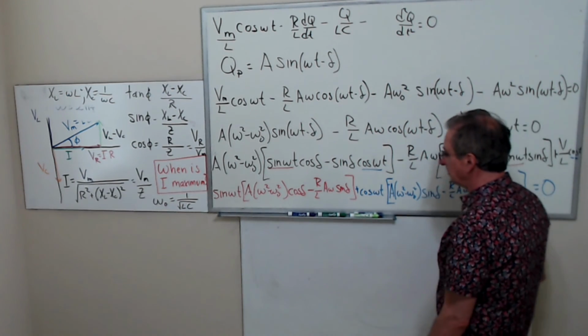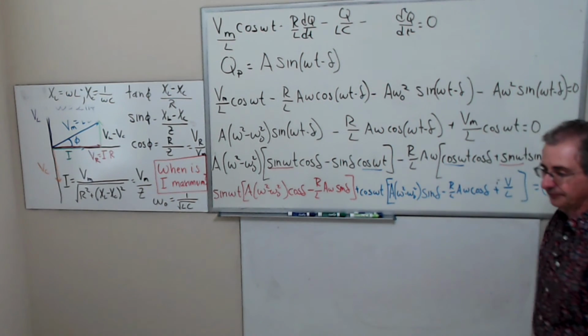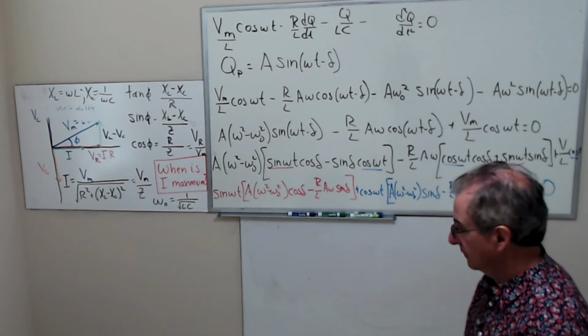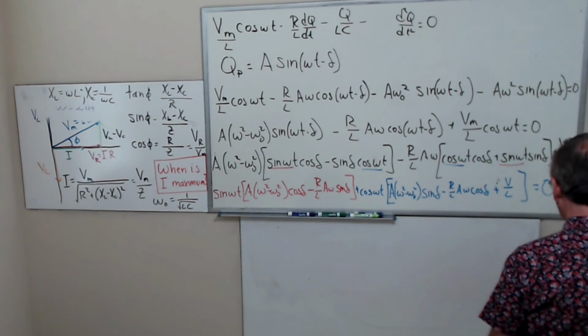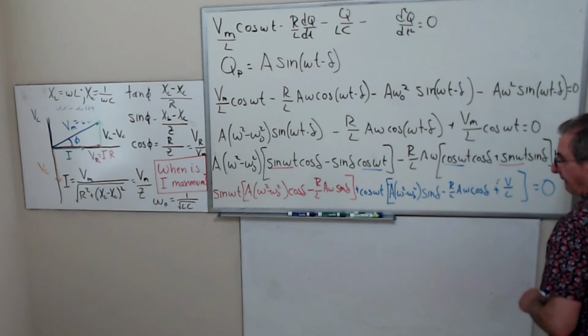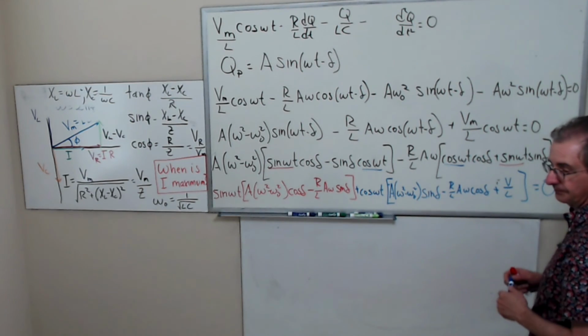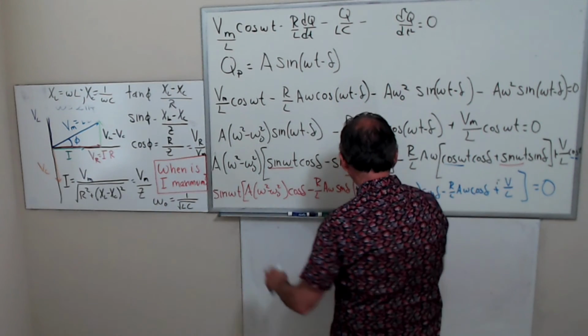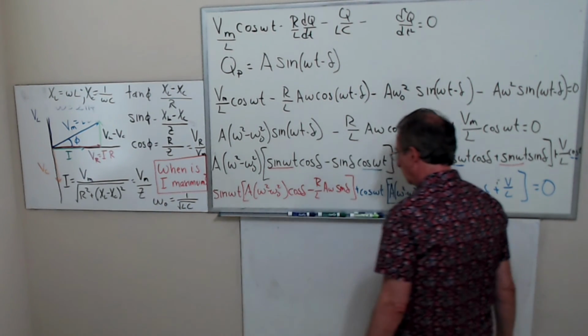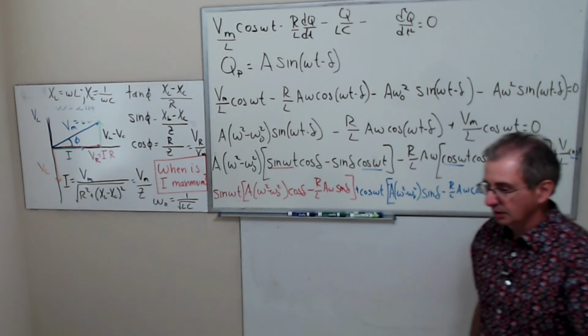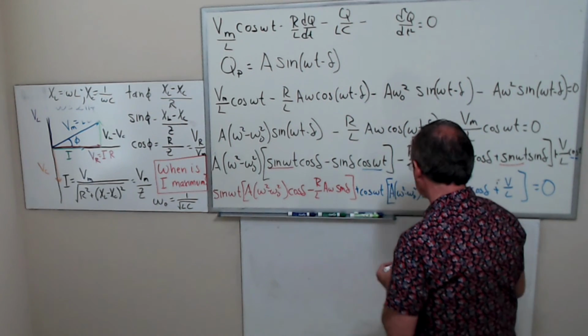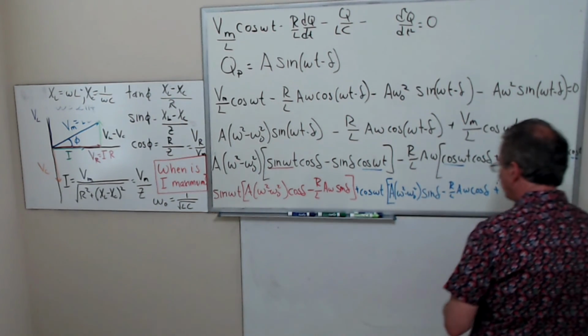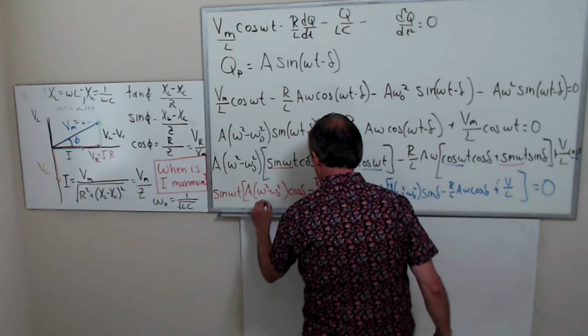This mess has to be 0 independent of t. What must be true about the terms in the brackets? If this is always true, independent of time, the terms in the brackets must always be 0.